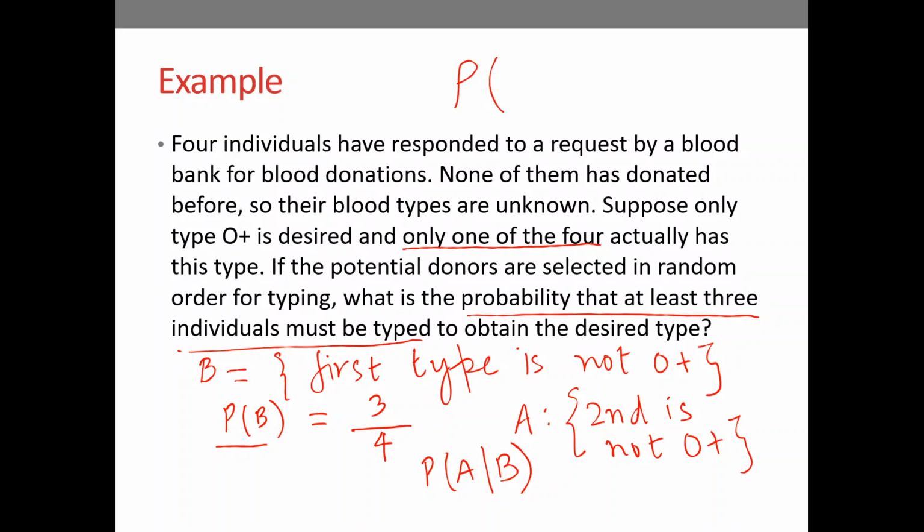So what we require is probability of A and B, like both the first and the second are not O positive. And in order to arrive here, I know that there is this experiment that will go on in succession. So I can figure out this: now I have 3 remaining people and 2 of them will not have this O positive type, because that's the information given to me.